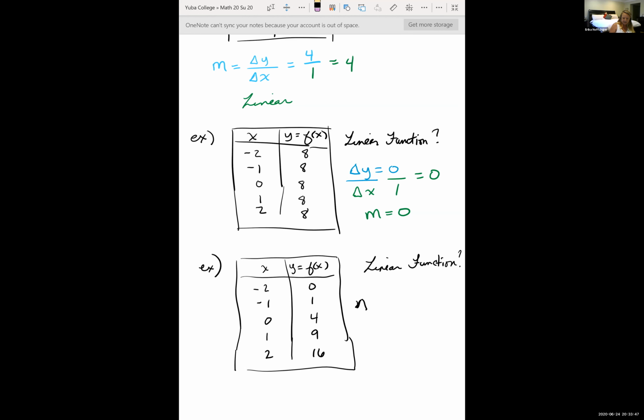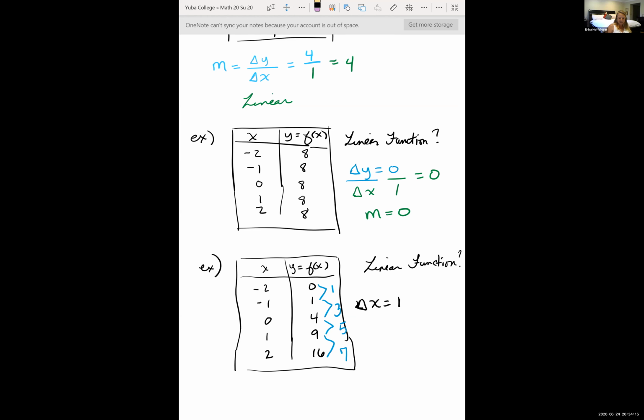Change of x is good. Change of x is always 1. But let's look at the change of y. From 0 to 1, we have 1. From 1 to 4, that's a jump of 3. From 4 to 9, that's a jump of 5. From 9 to 16, that's a jump of 7.